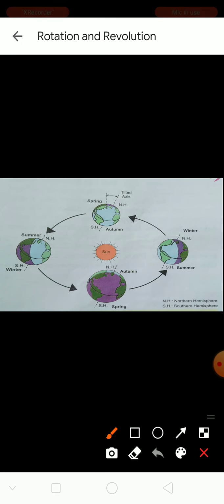When the northern hemisphere leans towards the sun, it receives more light and heat, making it warmer. During the same time, the southern hemisphere, which is tilted away from the sun, gets a lesser amount of heat and light.